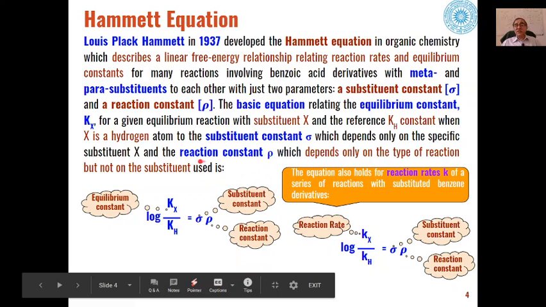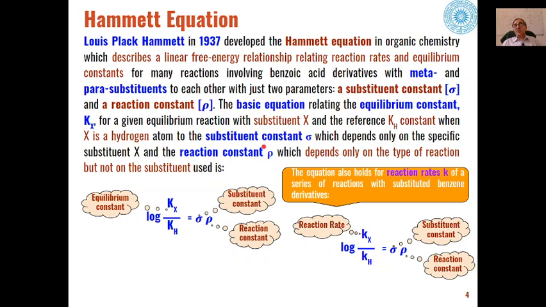The value for the substituent constant depends only on the specific substituent X, that is, what kind of substituent is present, either at meta position or para position, whether this substituent is an electron donating group or an electron withdrawing group.